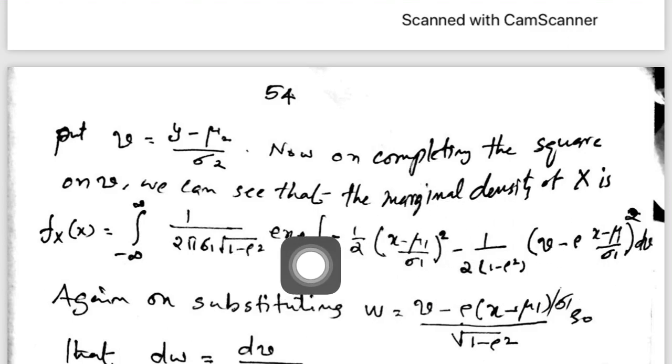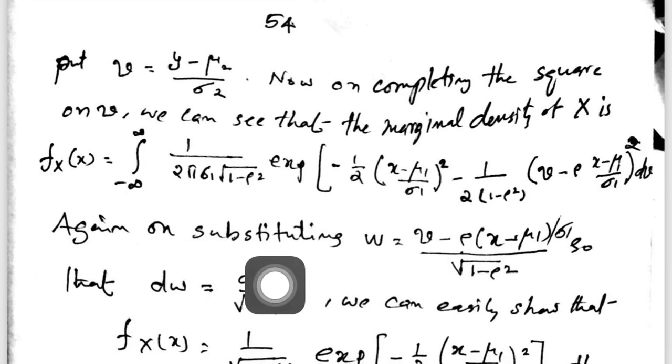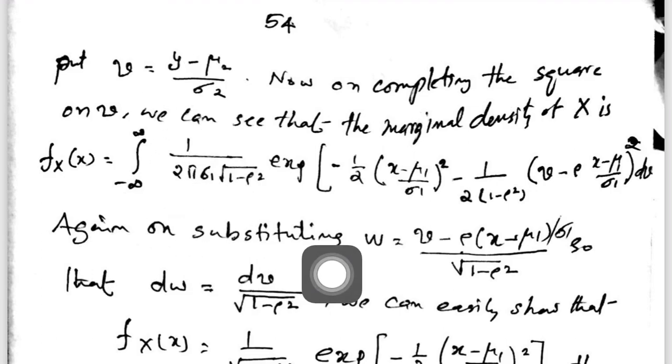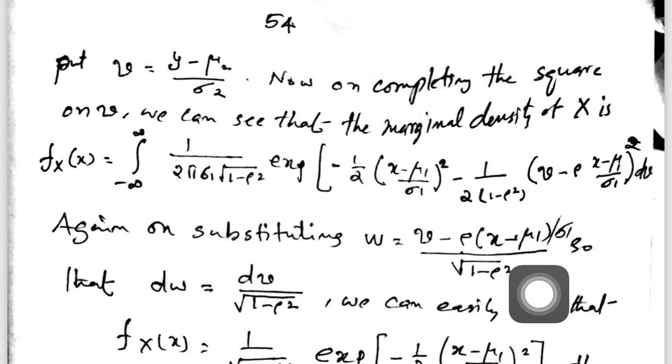And again, you make a substitution for integration. So two stages of substitutions are required for completing this integration. Now you put omega equal to (v minus rho into (x minus mu 1) by sigma 1) divided by root of 1 minus rho square.